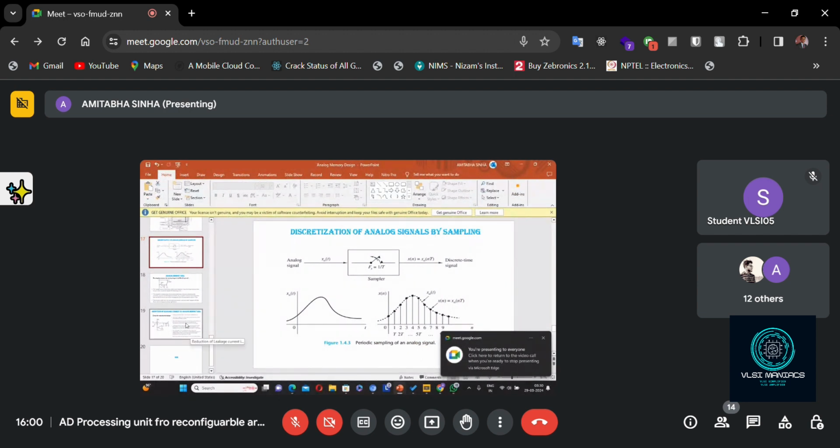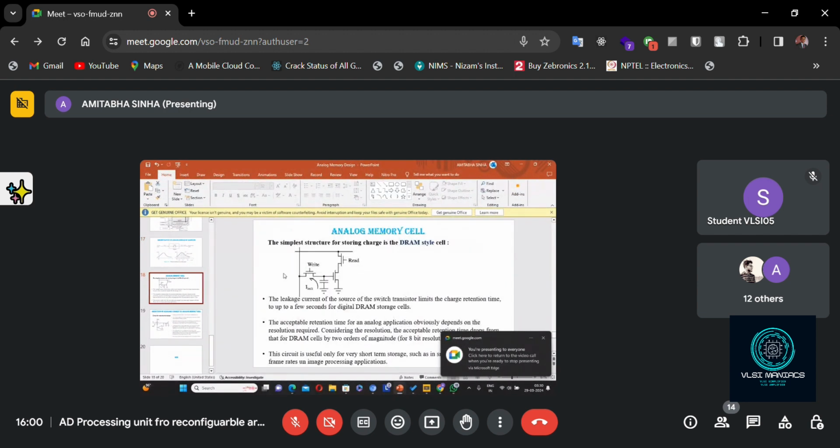Tell me here, where the floating gate transistors will come in the picture. Sir, we've been discussing that in place of the capacitor, we can use the floating gate transistor to store the charge. And the input signal will be the analog signal, isn't it?